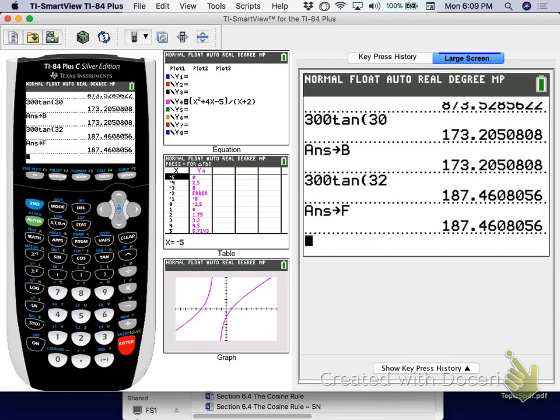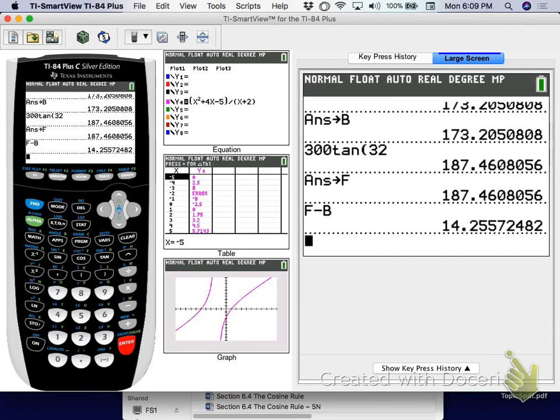Now I'm going to take my flagpole, F, and subtract my building, B. Since I found the flagpole last, I didn't really need to store that because I could have just subtracted B from my answer there, but that's okay. We subtract there, we get 14.25 and so on.